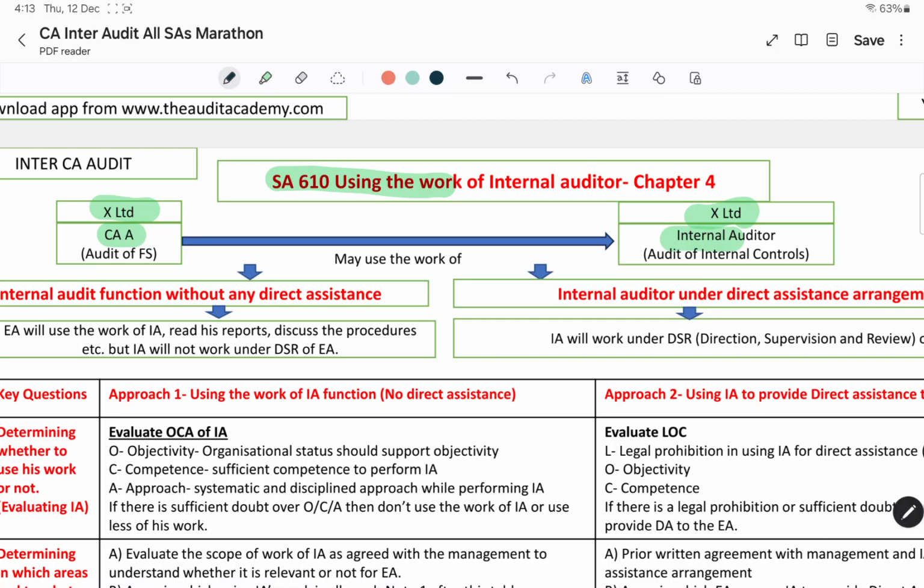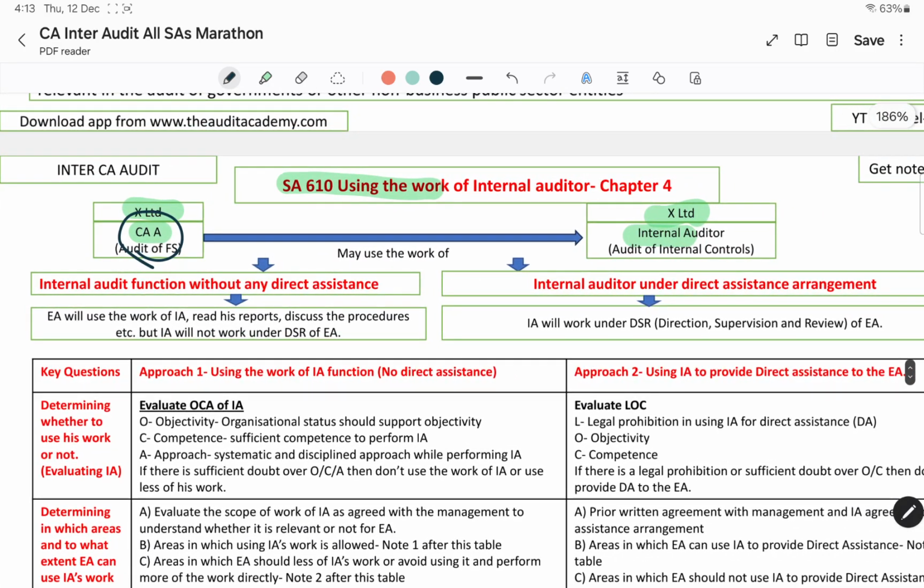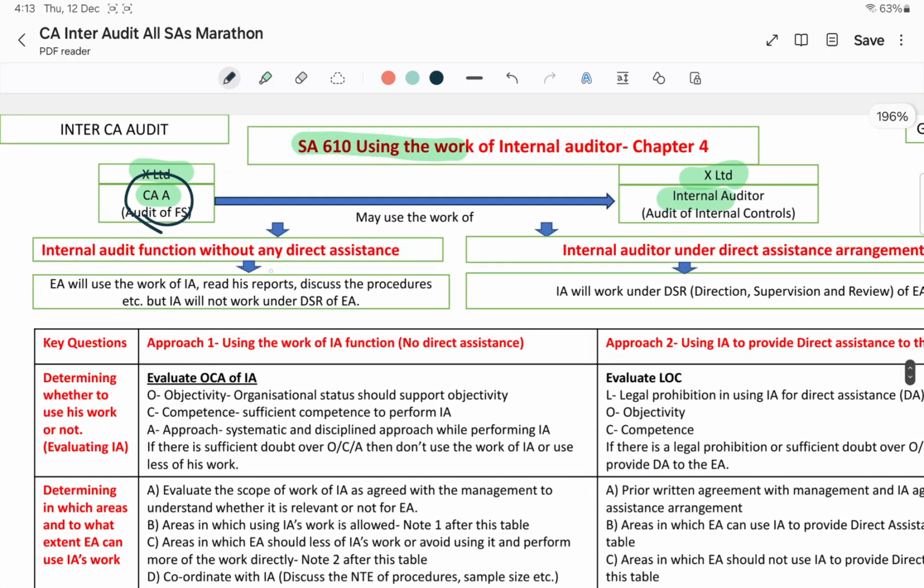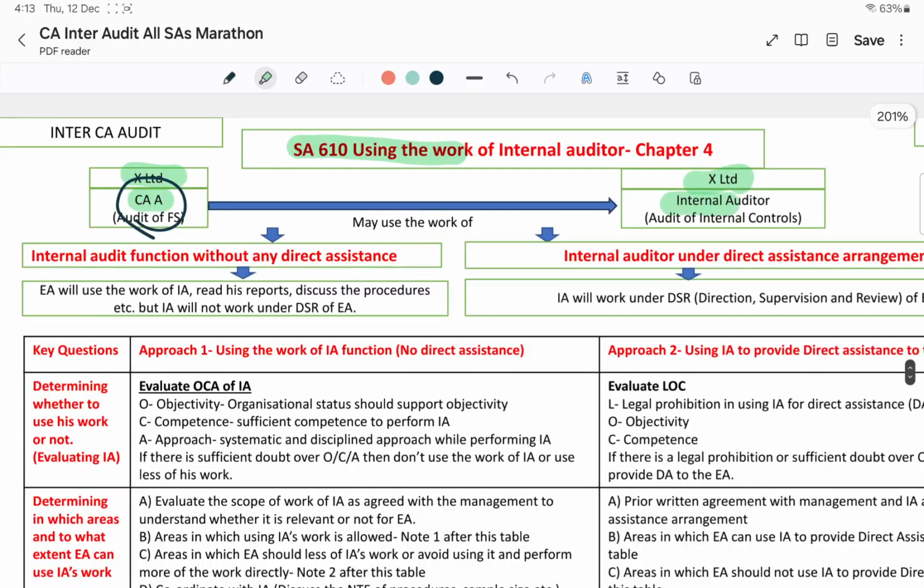Now CAA may use the work of the internal audit function without any direct assistance. The external auditor will use the work of the internal auditor, read his report, discuss the procedure, etc. But the internal auditor will not work under the direction, supervision, and review of the external auditor.